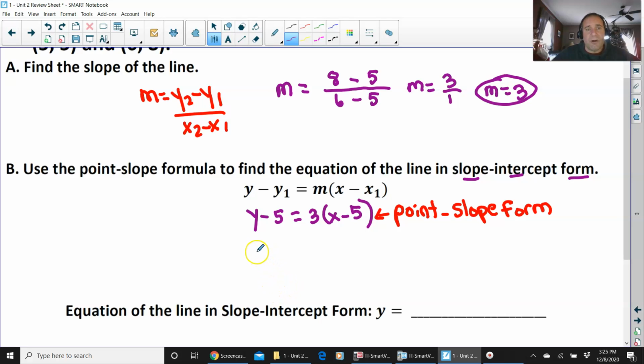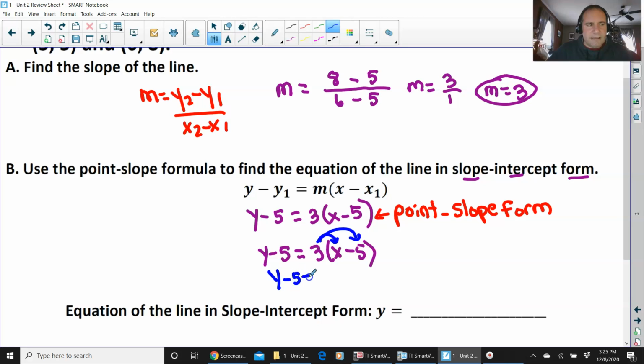Slope-intercept form is the y equals mx plus b. So I'm going to rewrite this. And I'm going to do distributive property and solve for y. 3 times x and 3 times negative 5. So now I have y minus 5 equals 3x. 3 times negative 5 is negative 15. Then I add 5 on both sides.